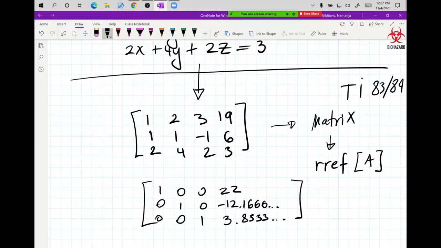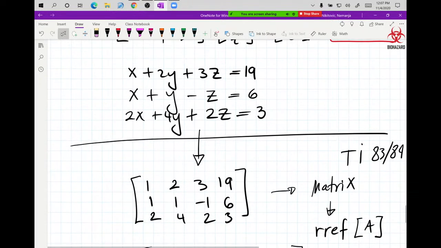Now, what you could do is convert all of these into fractions, and you would actually get 22, negative 73 over 6, and positive 23 over 6. But guys, these are your x, y, and z values for the system. And we haven't done any calculations.